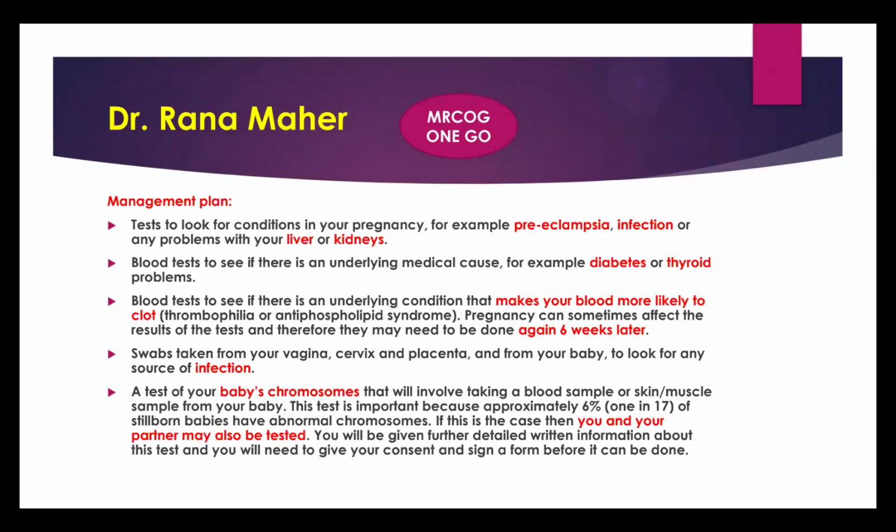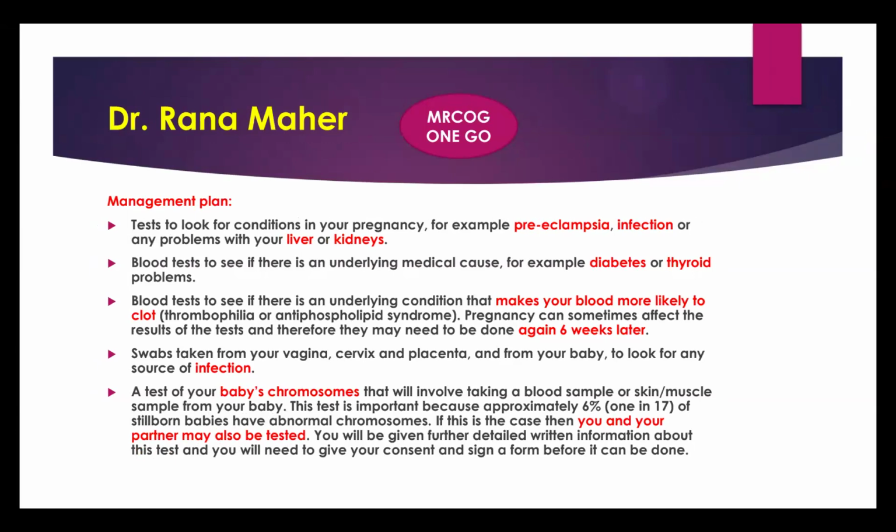To continue the management plan, you can highlight to the patient the tests that will be offered to her. So we need to offer her liver function test, kidney function. How to tell her in layman language? We'll come to the tests. I put the tables from the guideline by the end of the case, but here is how to counsel the patient in layman language.